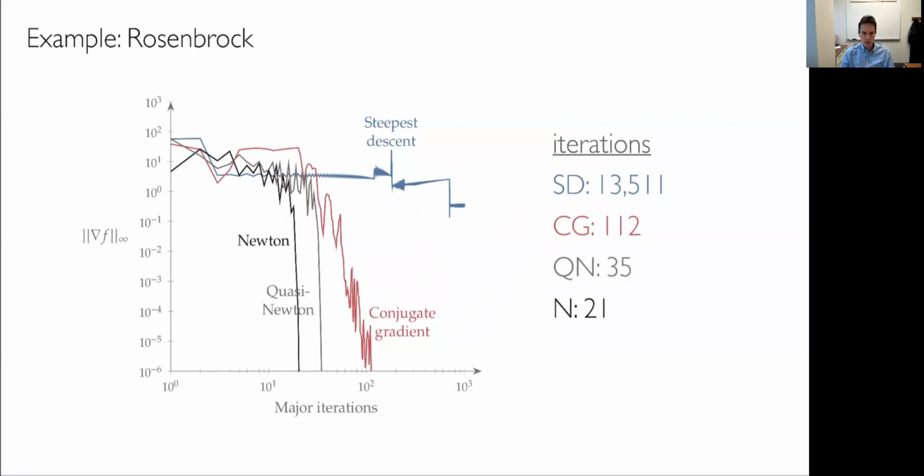I should note also that just comparing iterations is not necessarily indicative of which is more computationally efficient. Remember, an iteration here, we had this algorithm where we have this big while loop where we pick a search direction, we do a line search, we take a step, and then we repeat. That whole thing is one iteration.